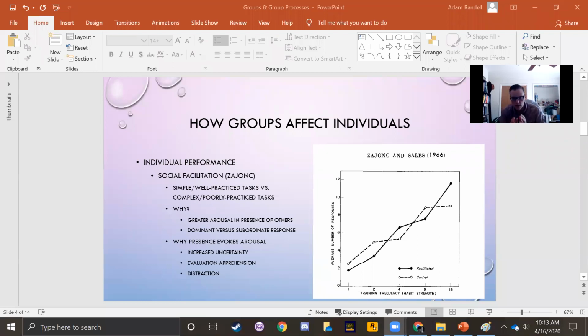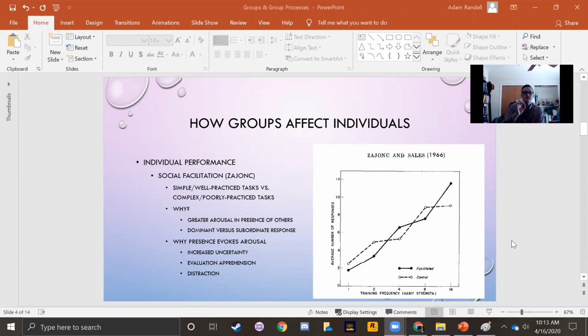So first, we're going to talk about how the group can affect individual performance through the process of social facilitation. So in general, social facilitation refers to when the presence of a group or observation by a group, either observation or presence, so you can either be co-performing or you can be being watched, all right?